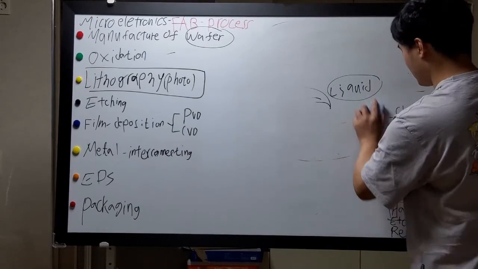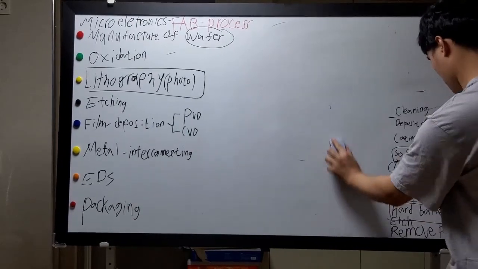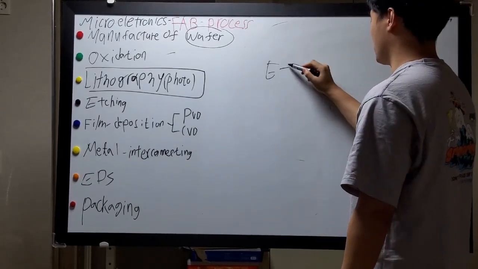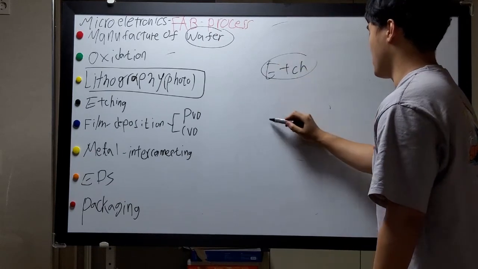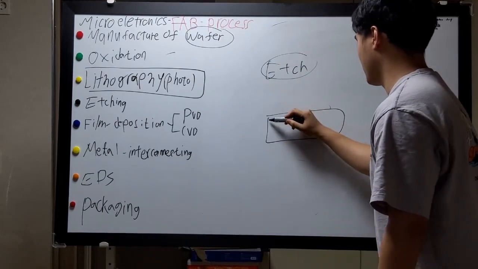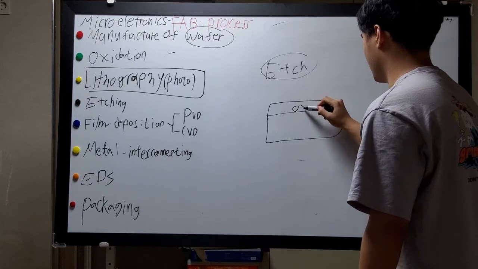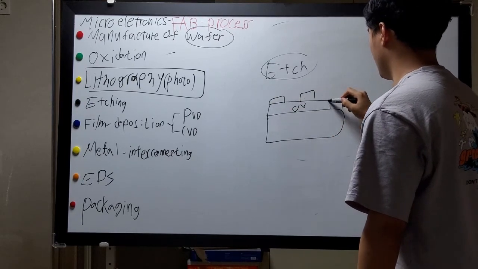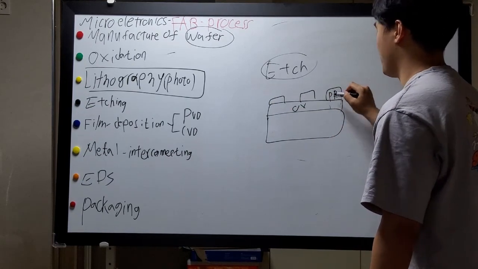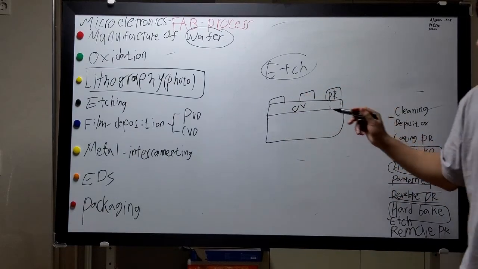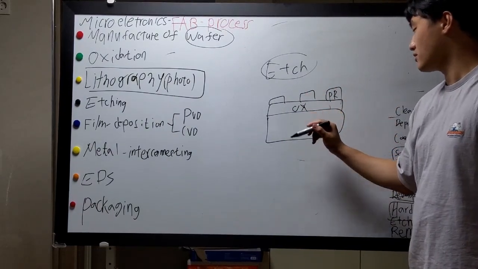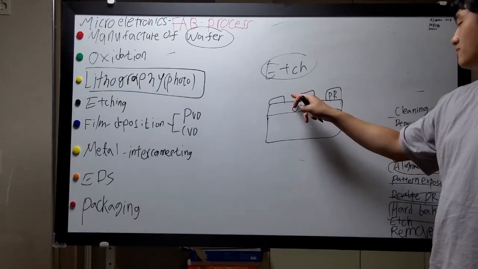And then etching. So let's see. Box, PR pattern. Okay, so here we don't need this part and this part.